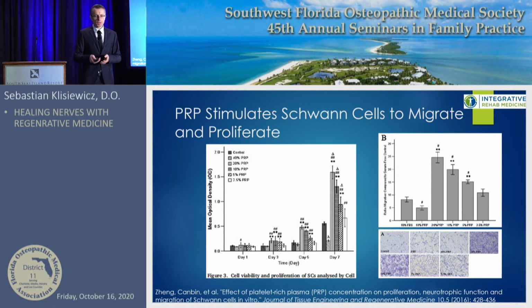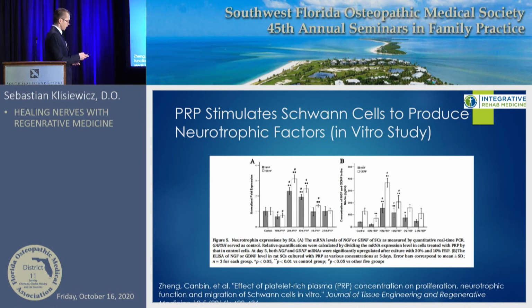So in this study right here, they plated some Schwann cells on different concentrations of PRP, and they looked at the proliferation of the Schwann cells, the migration, and also the release of the growth factors. And it's interesting, you can see that, oops, can I go back? Let's see, there we go.